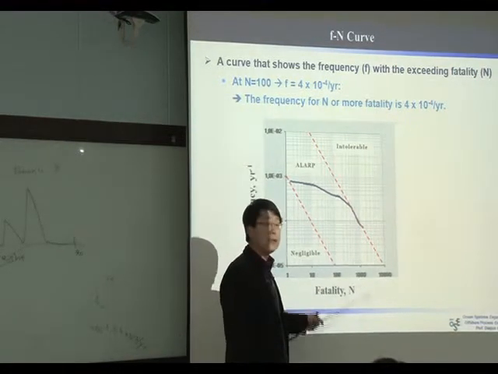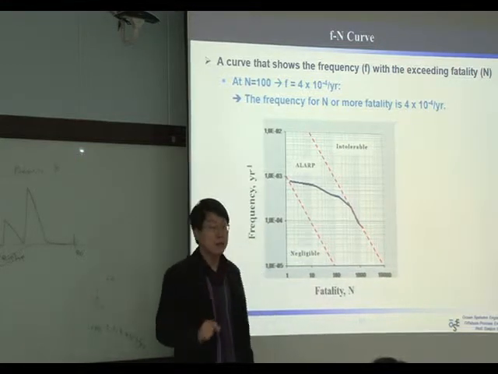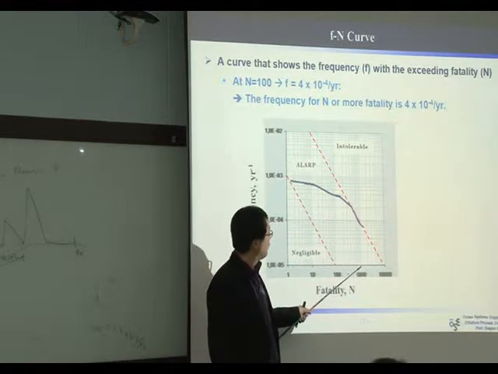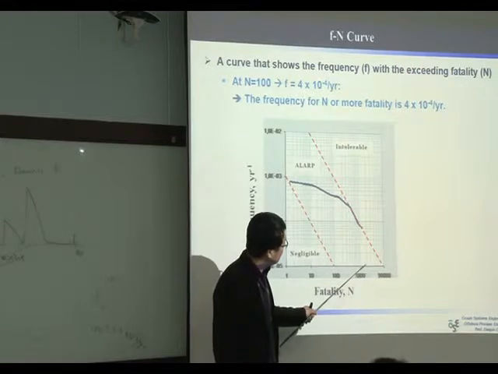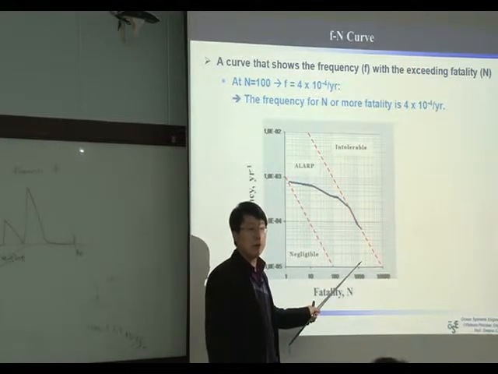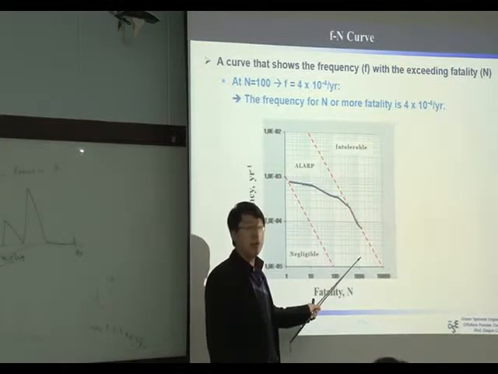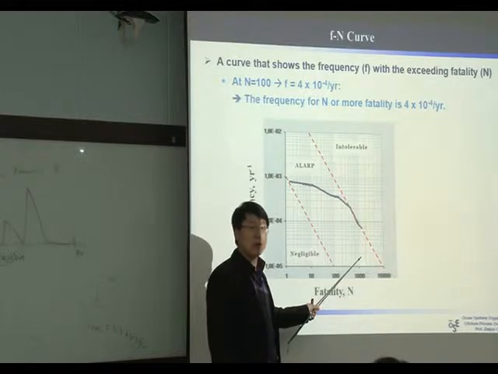So what is the biggest event? Maybe 1,000, 2,000, maybe 1,500. There can be an event in which 15 people can be killed at once.